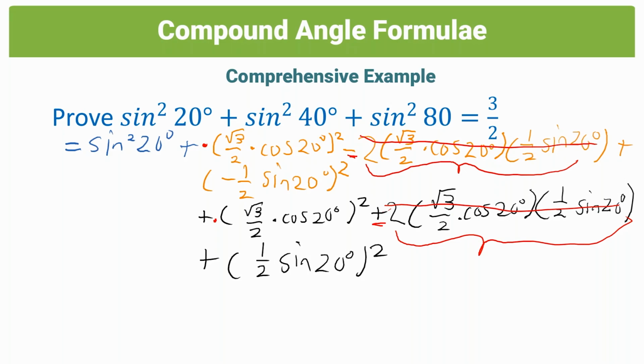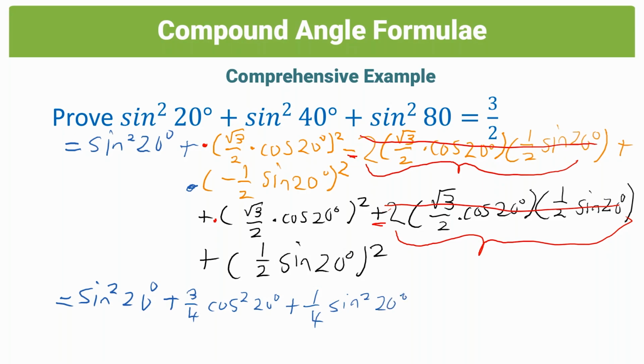So this is all going to be equal to sine squared 20 degrees plus, we're going to square that term over there. That'll become 3 over 4 cos squared 20 degrees. And then we'll square this term over here. That's going to be now plus a quarter sine squared 20 degrees, right?